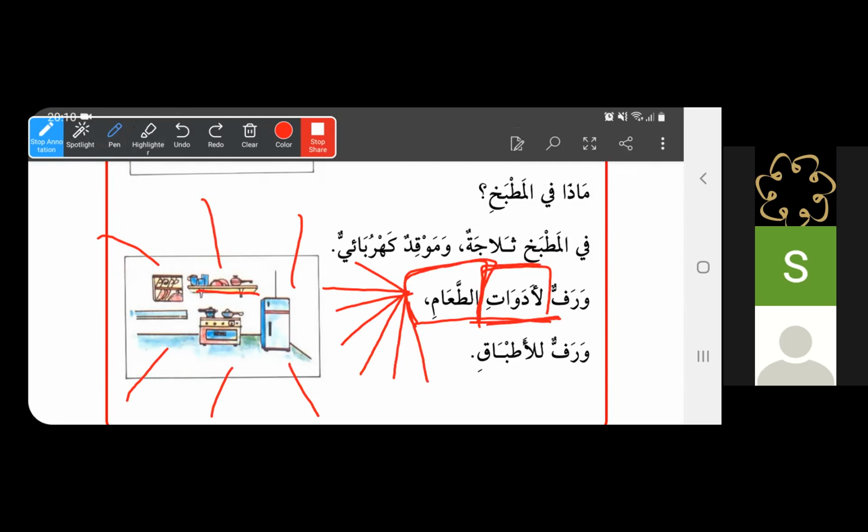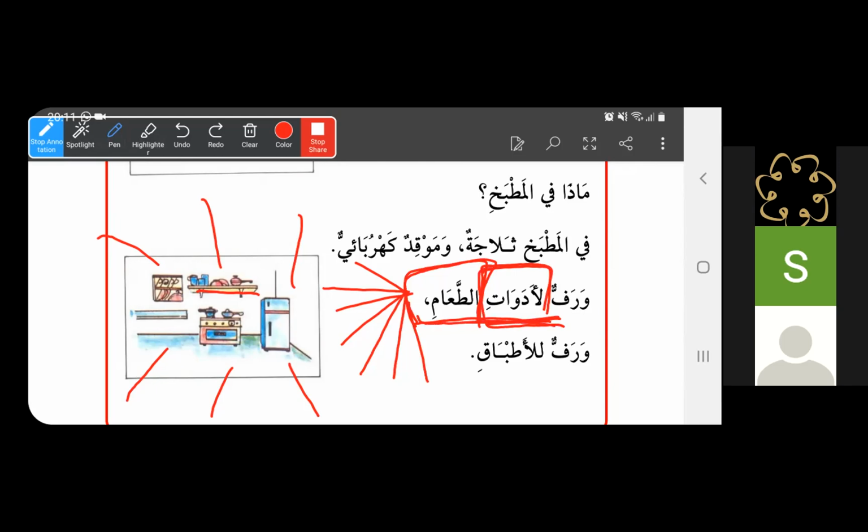You have أدوات المكتب, your stationery, your table tools like your laptop, your book, your things that you are writing with, your scanner, your printer. These are أدوات المكتب.